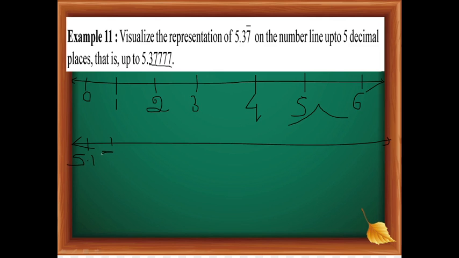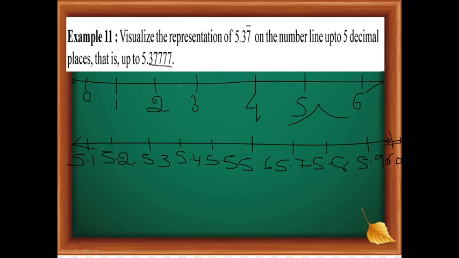Let us magnify this. Again draw a number line and put 5.1, 5.2, 5.3, 5.4, 5.5, 5.6, 5.7, 5.8, 5.9, 6.0. This is a magnification of 5 and 6.